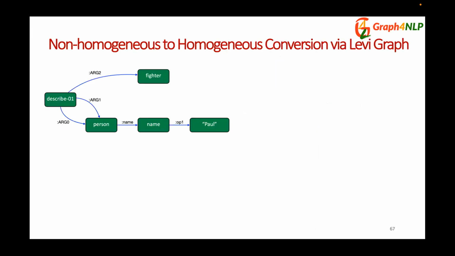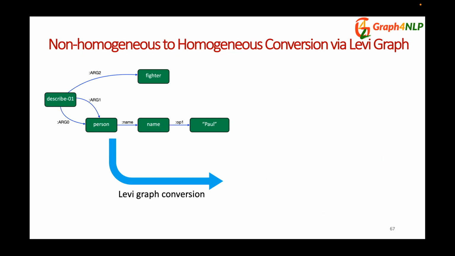As I just mentioned, we can choose to convert a non-homogeneous graph to a homogeneous graph by leveraging some techniques. One such technique is called Levi graph conversion. Given a non-homogeneous graph, which contains various edge types, we can leverage Levi graph conversion to convert it to a homogeneous graph so that we can apply homogeneous GNNs to it.